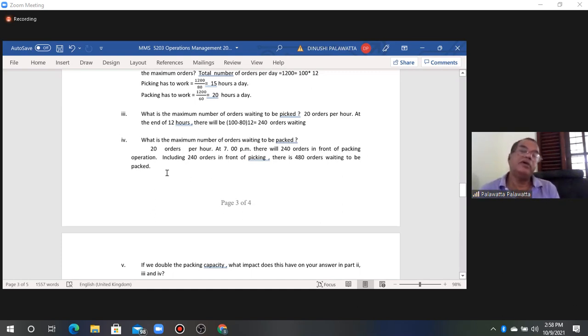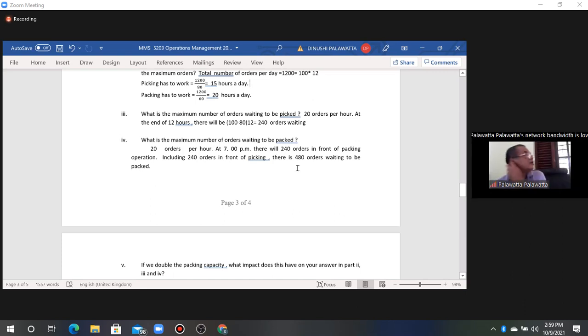But remember, these 240 orders are in front of picking, not in front of packing. But anyway, they have to complete those 240 also. So finally they have to complete the 480 orders anyway. That is the answer. That is how we got 480. Okay, is it okay now?